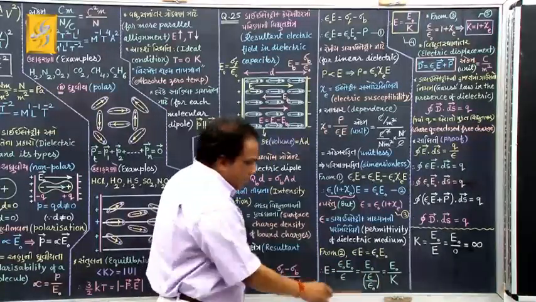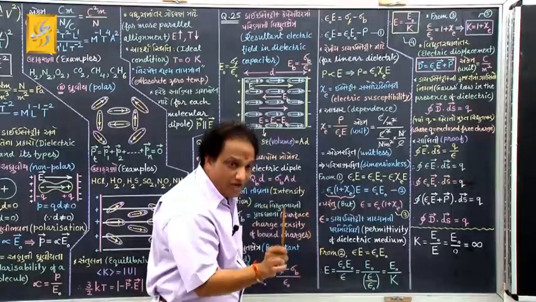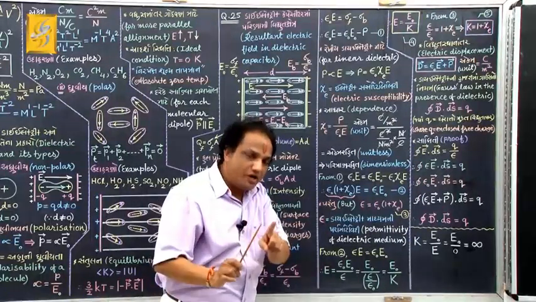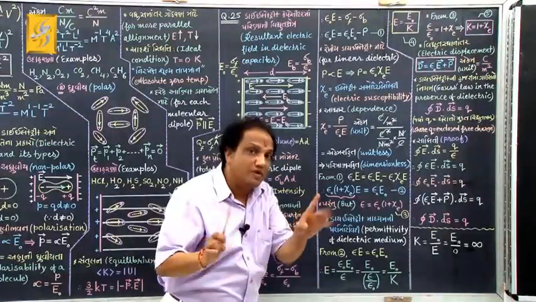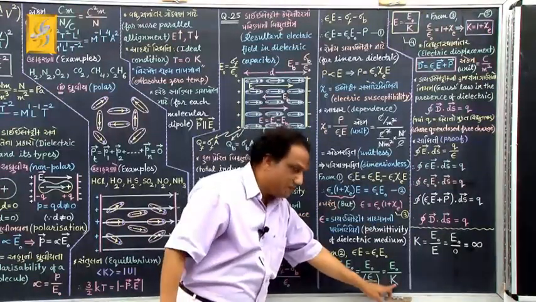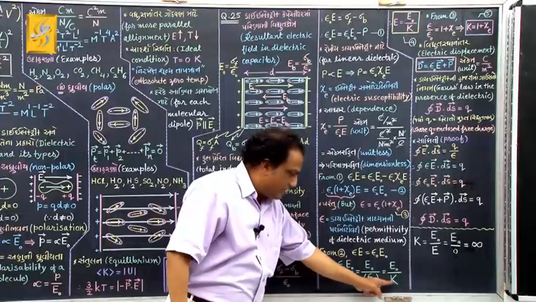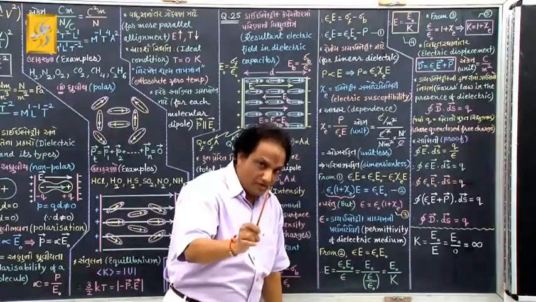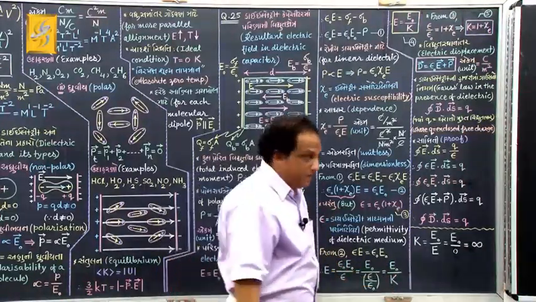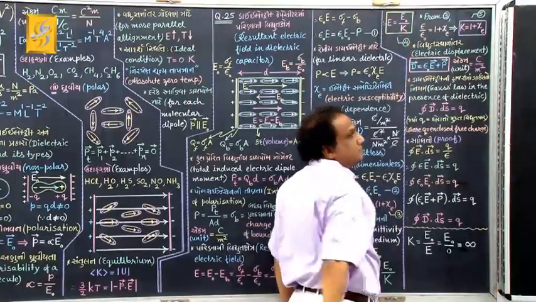But don't you know, ratio of permittivity of given dielectric medium to the permittivity of vacuum is called dielectric constant of that dielectric medium, or it is also called sometimes relative permittivity, shown by symbol epsilon r, or normally shown by symbol capital K, which is dielectric constant. So replace this ratio by dielectric constant. So what is the result ultimately you have obtained? E equals to E0 upon K.